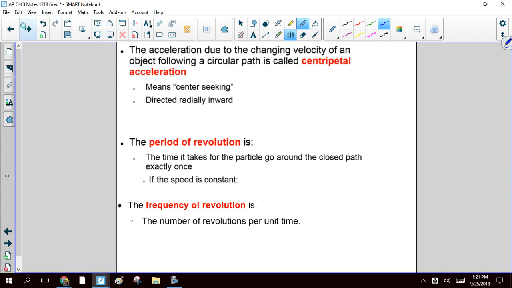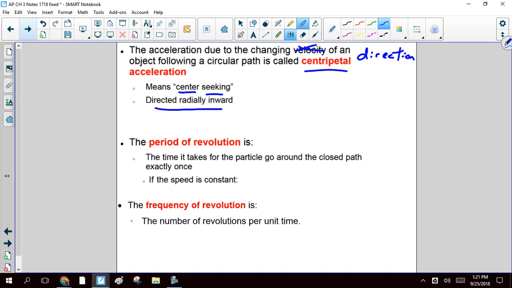Now, when you've got an object that is traveling in a circular path, the acceleration that it experiences due to the changing velocity, specifically, I almost wish that it said the changing direction. The acceleration experienced due to the changing direction of an object following a circular path is called centripetal acceleration. The word centripetal, the Greek roots of it actually means center seeking, which means that it's always pointing towards the center.